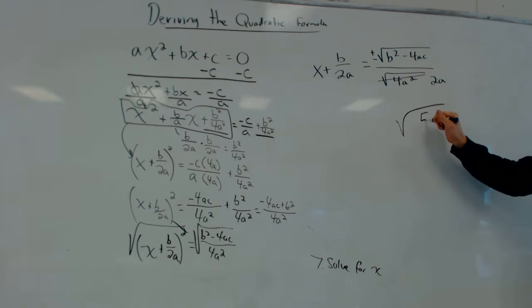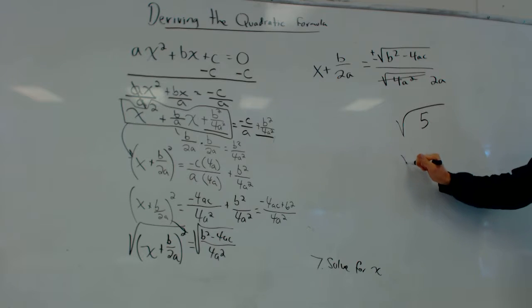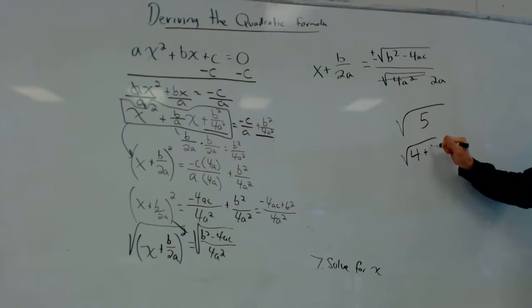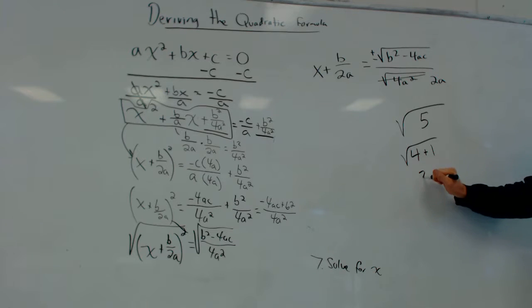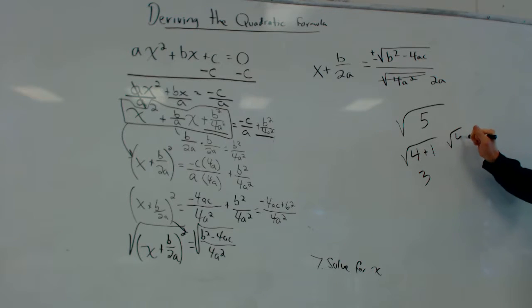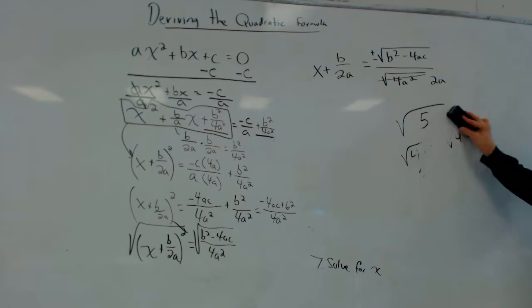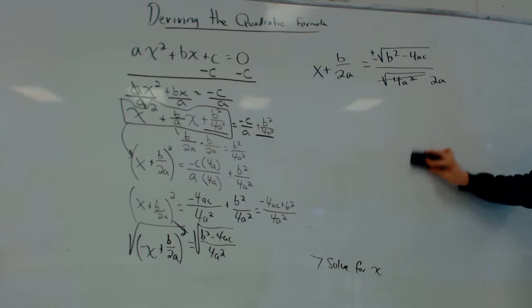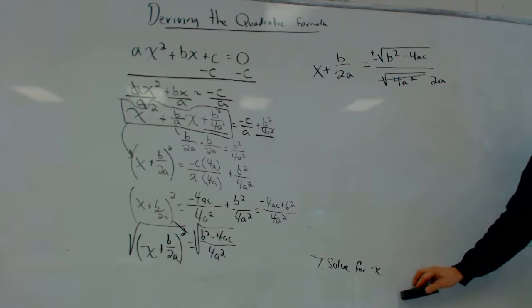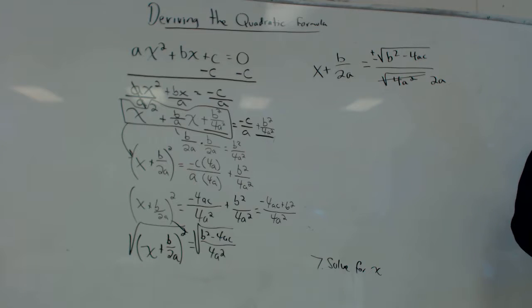The square root of 4 plus 1 is not the square root of 4 plus the square root of 1. Wait, no, that would be 3. Like if you have 25 plus 1, it doesn't work.